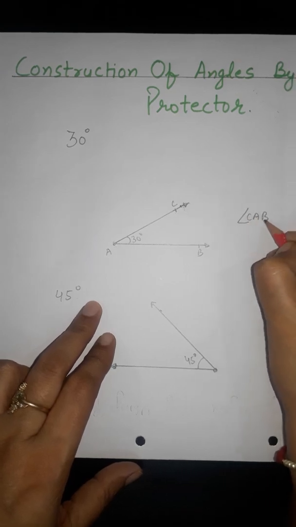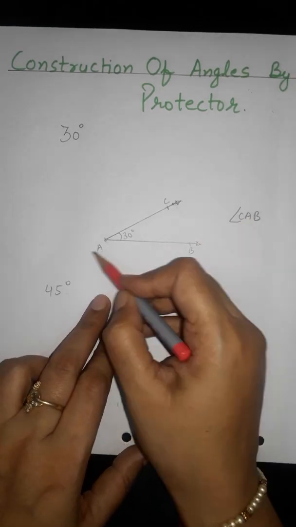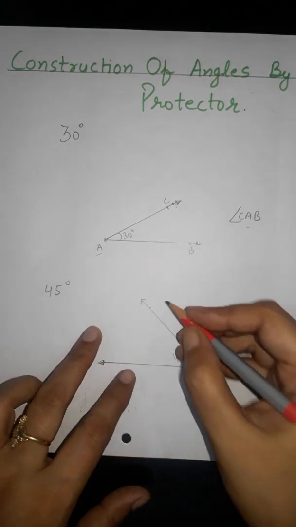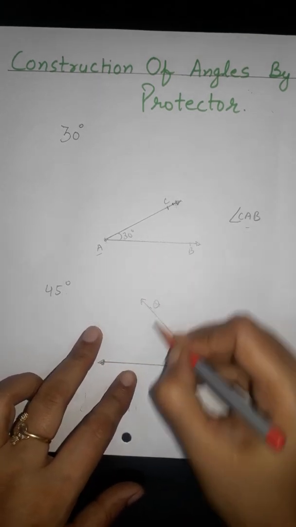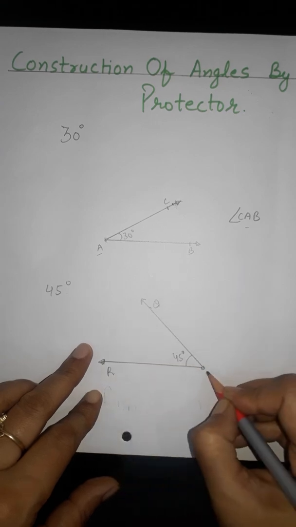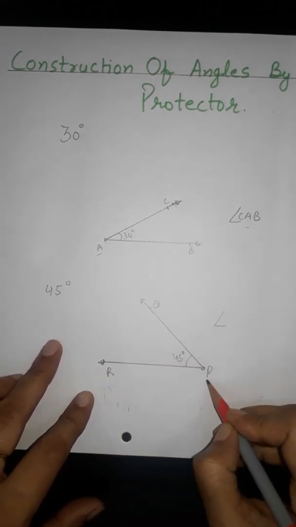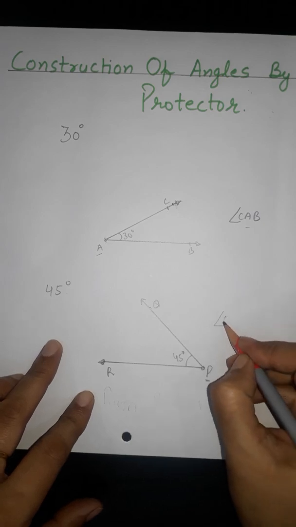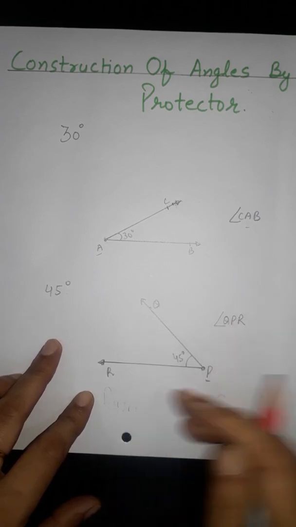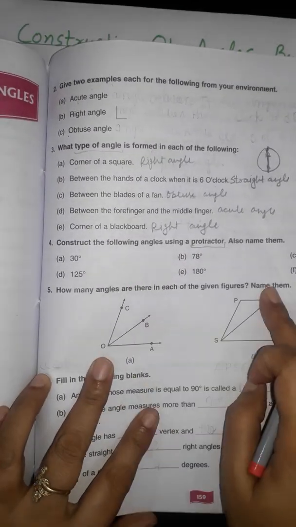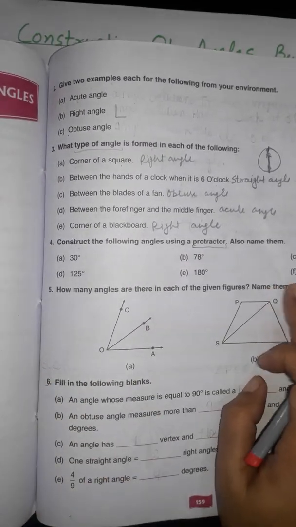Again, when writing the name of the angle, we should write the vertex in the middle. If this is Q, R and P, then what is the name of the angle? We have to write the vertex in the middle. Q, P, R or R, P, Q. Similarly, you can draw the rest of the angles.